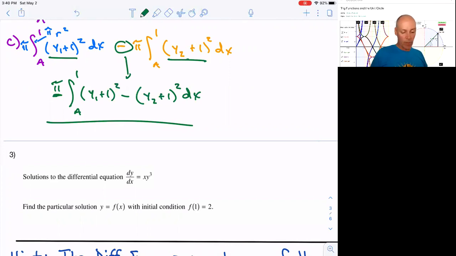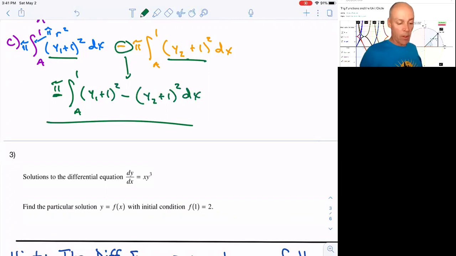For my integrand, I want to put a pair of parentheses, and then alpha trace y1 plus 1, close parentheses, squared, come down out of the exponent, minus parentheses, alpha trace y sub 2 plus 1, close parentheses, quantity squared, arrow over again, and put in the x and the dx.